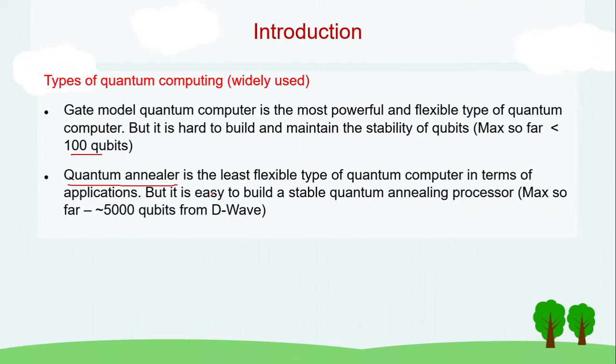We'll see that in the subsequent slides. Since it is relatively easy to build a stable quantum annealing processor, they are able to come out with nearly 5,000 qubits, and it's commercially available. You can buy a quantum annealer for your own purpose, or you can run on their computer through cloud.